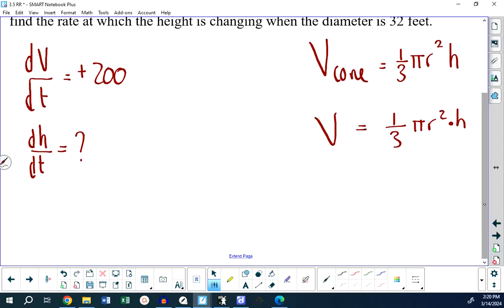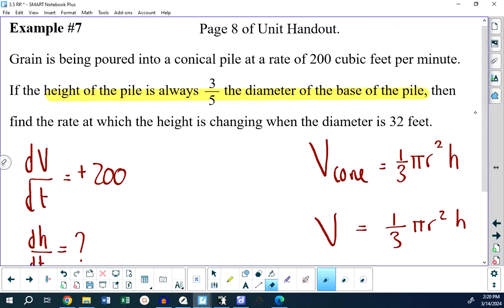So what you do is you scour the question and the information in the question in search of a relationship between the variable you want to keep, h, and the variable you want to eliminate, r. And it's there. 3/5 of the diameter is the height. You've got to really think carefully about that.